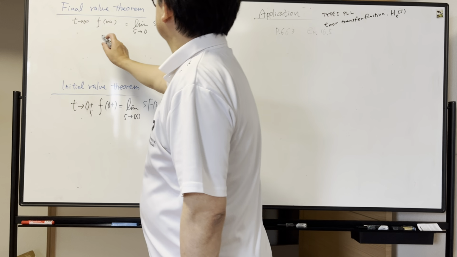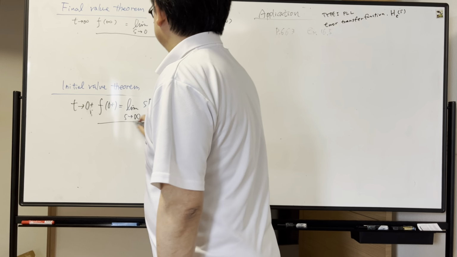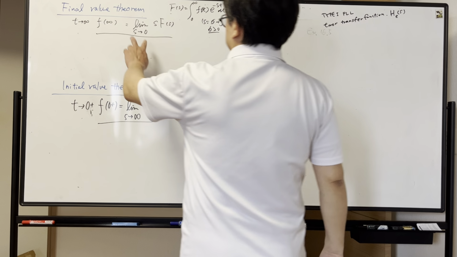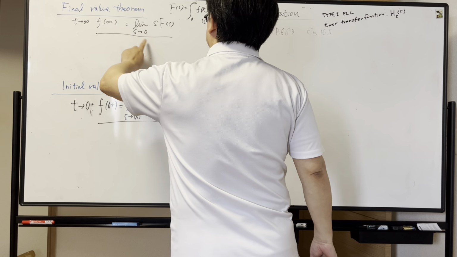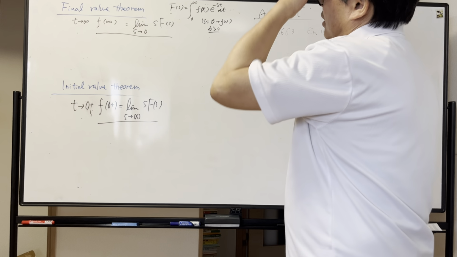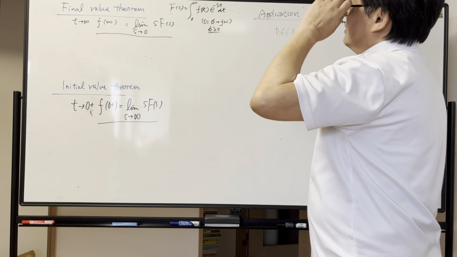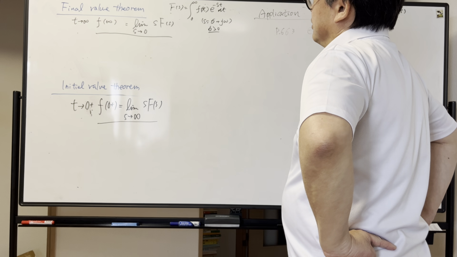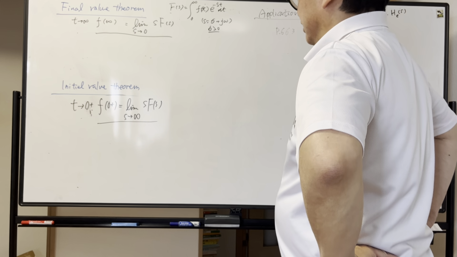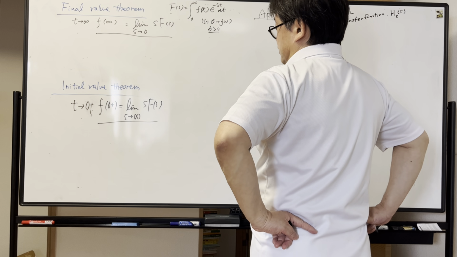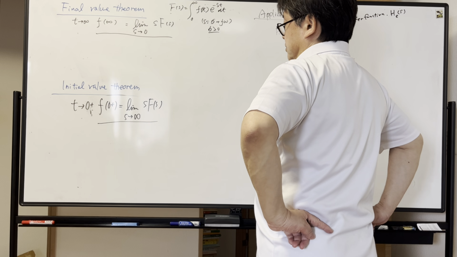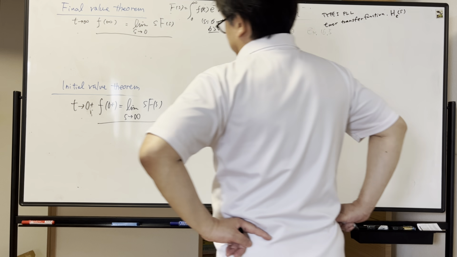We need to remember this, but it is easy to remember because of the inverse symmetrical form: t approaches infinity, s approaches 0; t approaches 0 from the positive value, s approaches infinity.